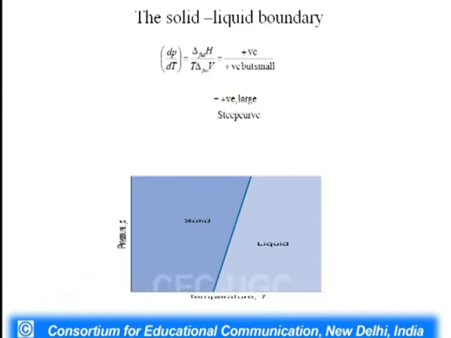There are exceptions, and one of the most common exceptions is your water-ice system. Since for ice to liquid water, delta V is negative, dP by dT will be negative, and you will have a negative slope for the P versus T graph, which is your phase diagram.